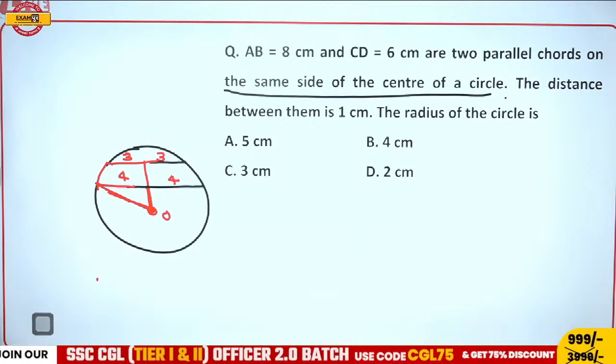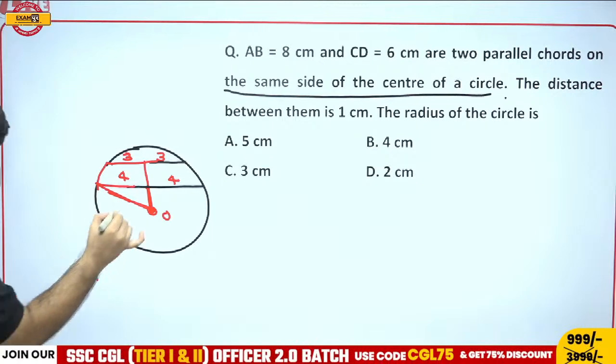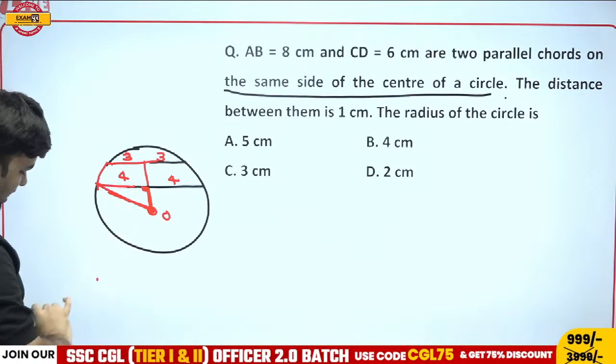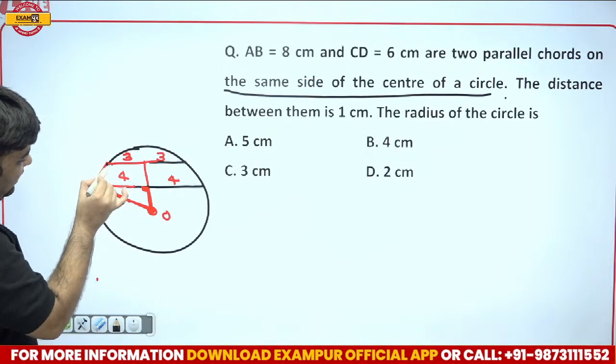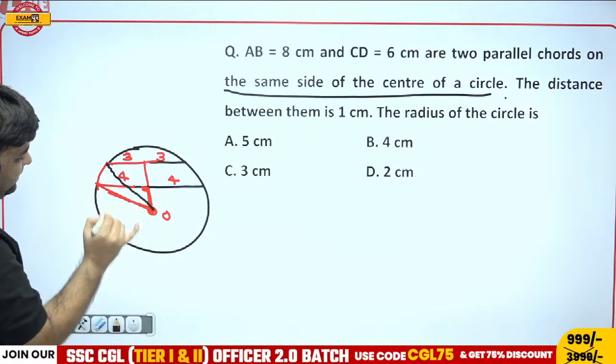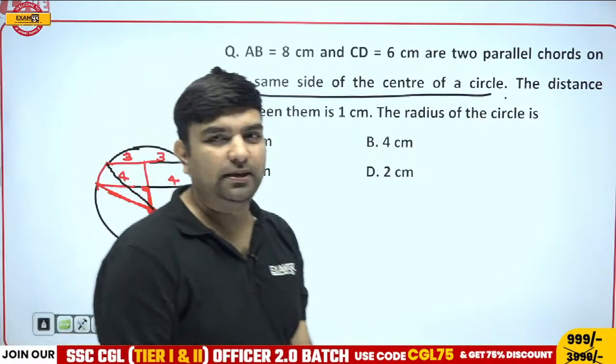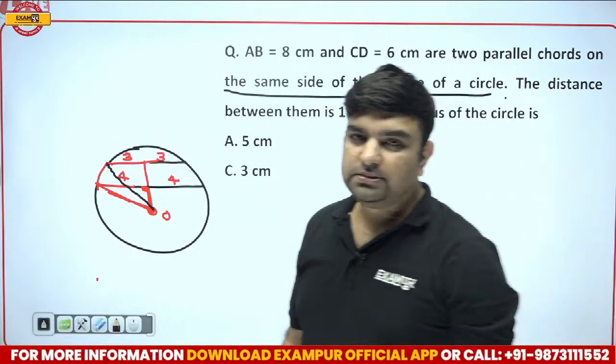For this triangle, I have joined this as a radius. And for the smaller chord, I'm joining this as the radius. Guys, the radius should be the same in both cases.